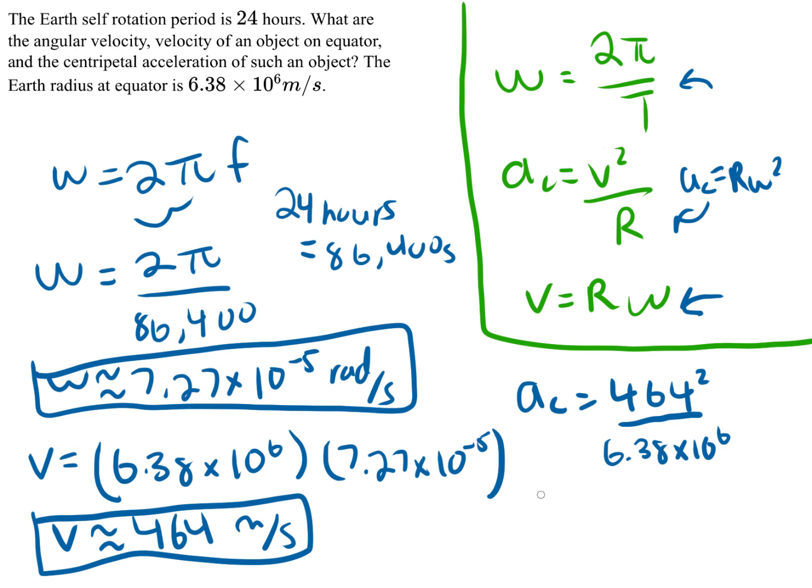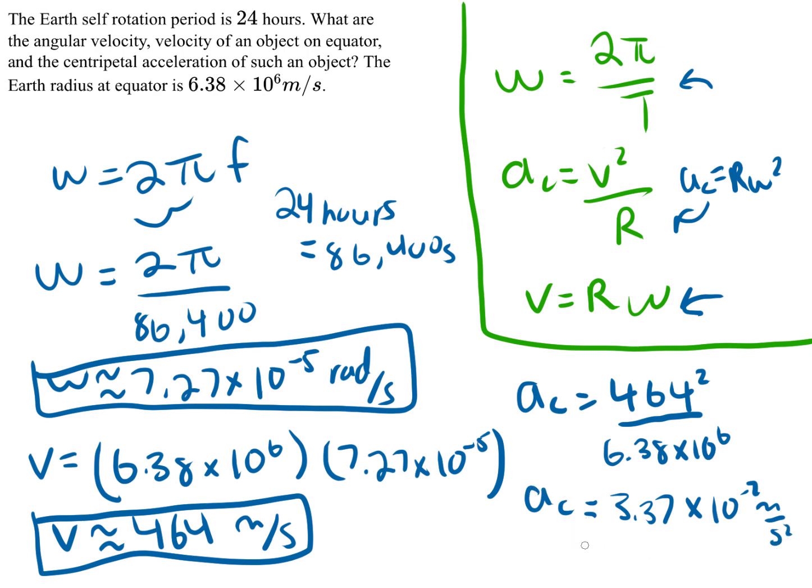Now if you solve this, you should get that the centripetal acceleration is equal to 3.37 times 10 to the minus 2 meters per second squared. And that is your third answer.